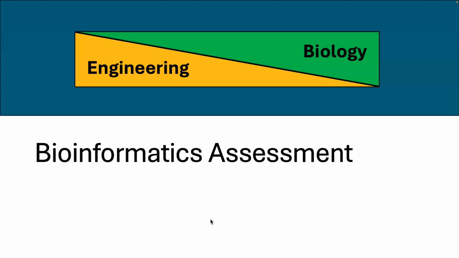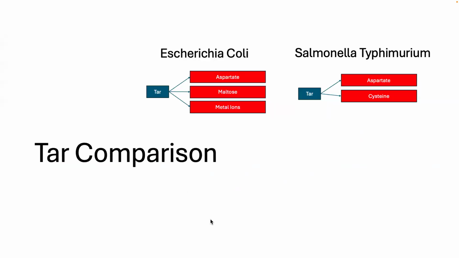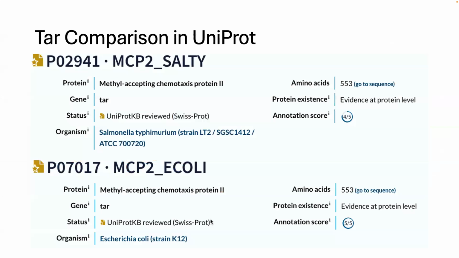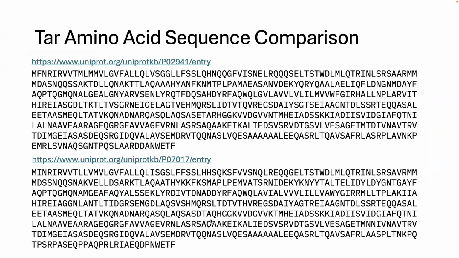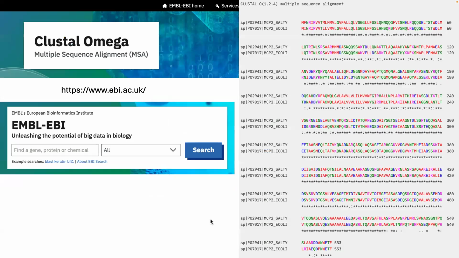Okay, let's now get into the sequences. For the bioinformatic assessment, this is where we look specifically at the amino acids. Here, if I look in UniProt, these are the details of what shows up. These are actually short enough that I could show the full sequence, and then I can do a comparison.